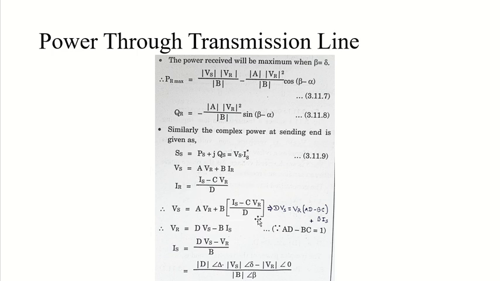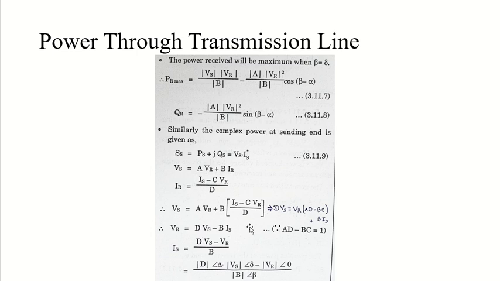If we do the math and take this D to the other side, we have to take the LCM here. So we will get D into Vs equals A into VR into D plus B into Is minus B into C into VR, right?